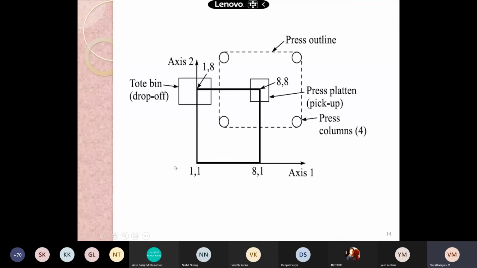There we have various grid points, and point 8 1 will be our position to wait for the press to open before entering the press to remove the part. The robot will start from point 1 1, a point in space which is known to be safe in the application.